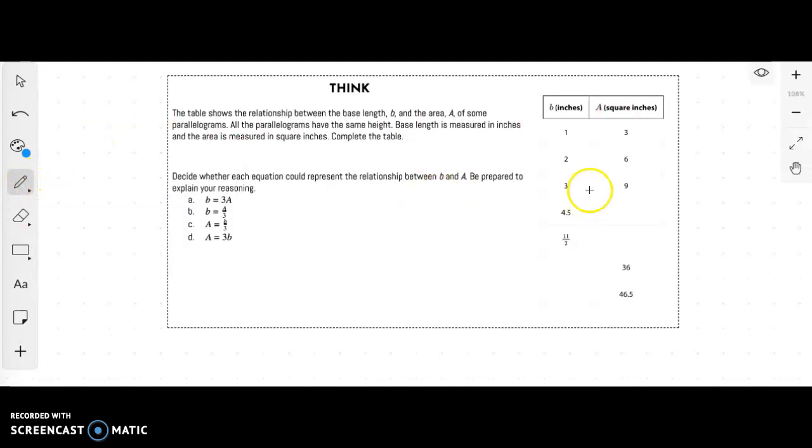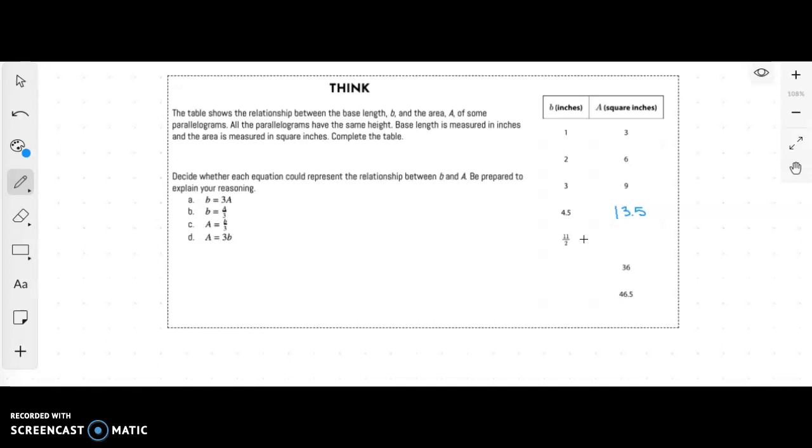So to finish out this table, I'm going to fill in the missing pieces by just multiplying by 3. So the row that has 4.5, we have 4.5 times 3, and that's 13.5. Then the next one is 11 over 2. Well, 11 over 2, I can type that in my calculator using the fraction button, or I can figure out that as a decimal, it is 5.5.